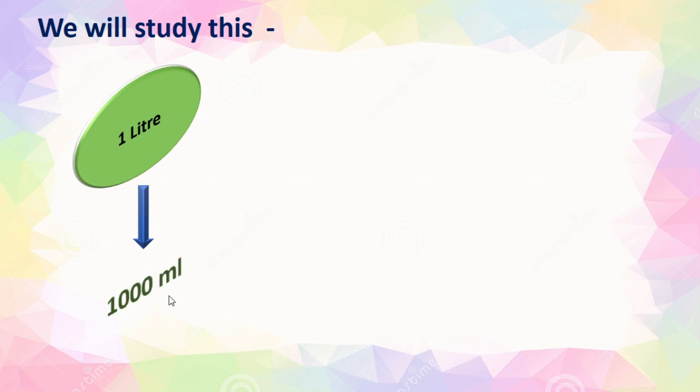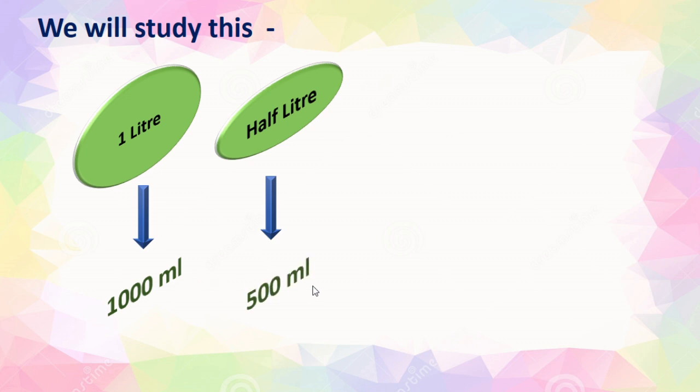We will study this. Now 1 liter is equal to 1000 ml, milliliter. This we know. So half liter is equal to half of 1000, that is nothing but 500 ml. Okay. Now what about quarter liter?